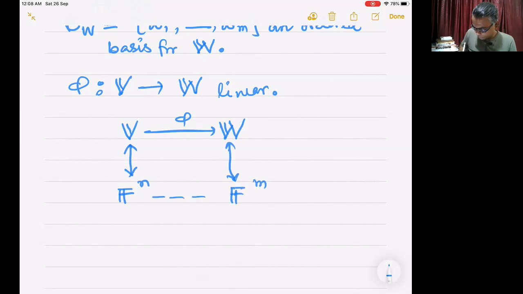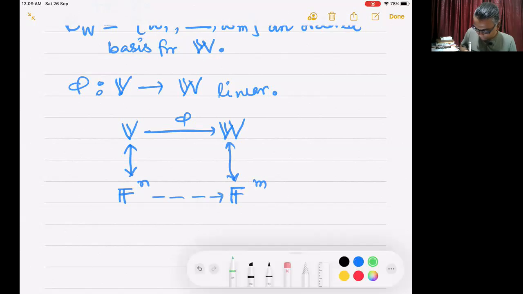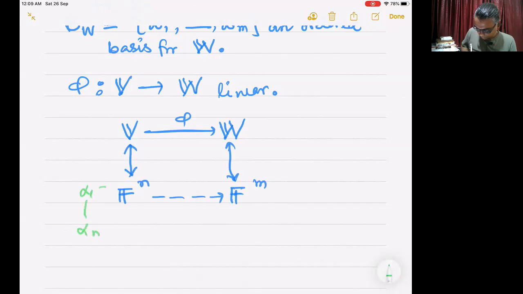We want to get this map. So we do this by this identification. Suppose I have an arbitrary n tuple here, say alpha 1 up to alpha n. This should go to A applied to alpha 1 up to alpha n.